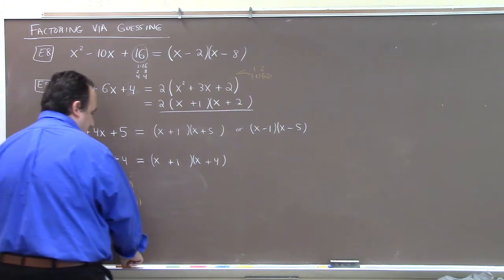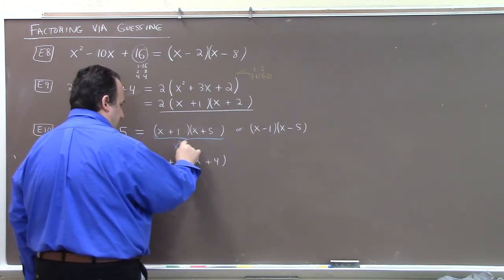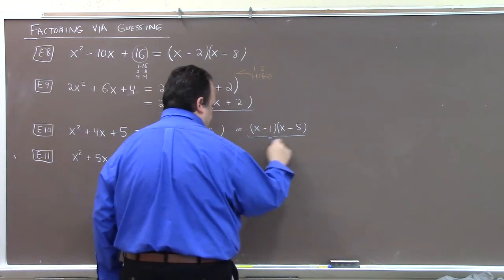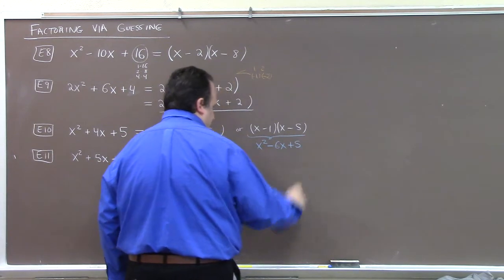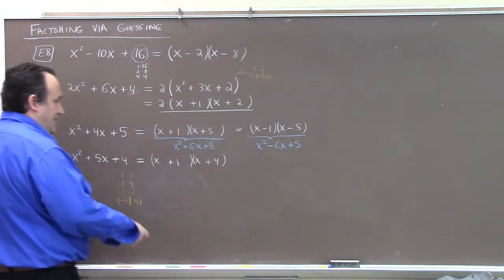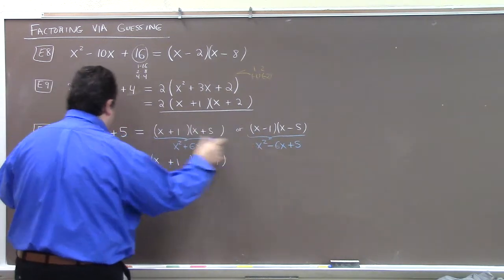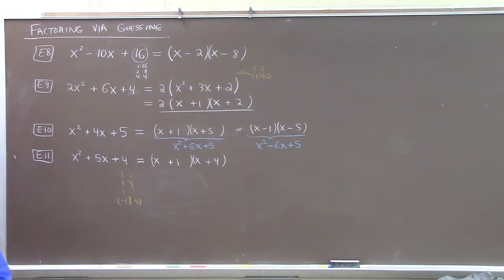Because this is literally x squared plus 6x plus 5. And this one, when you multiply it out, is x squared minus 6x plus 5. As you can clearly see, this is not that. Our template method has failed.